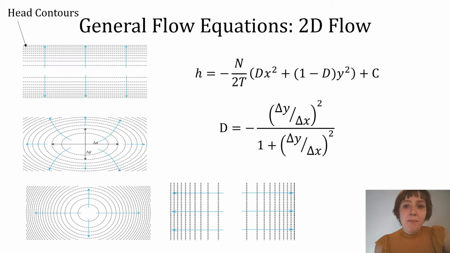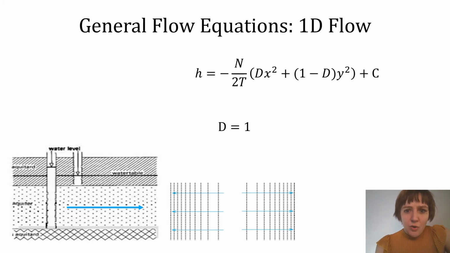Now, it's important to recognize that utilizing a D of 1, for example, over here, this doesn't mean that your flow actually splits in the middle here. Instead, D equals 1 is just describing the head changes that you see in the geometry, including any subsection.